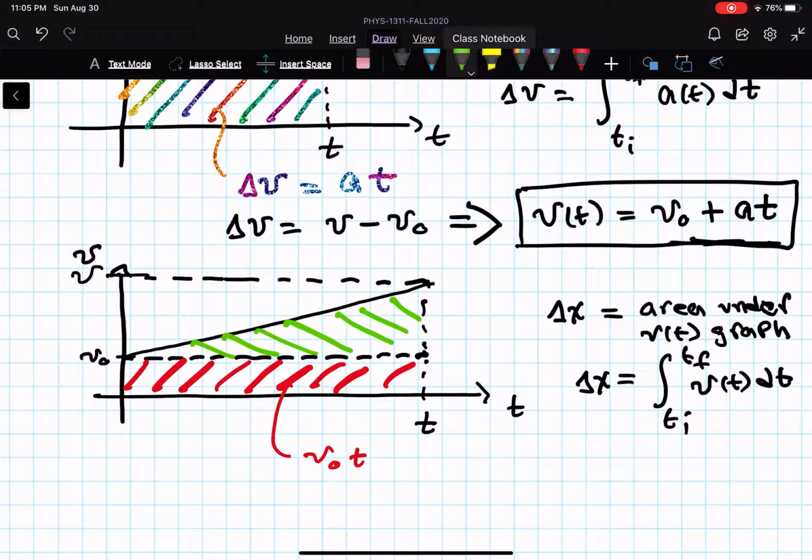This area here is the area of a triangle. It's 1/2 base times height. Right? So 1/2. My base is just t, and my height is the change in the velocity, but I can figure out what that is since I know the slope. Remember, the slope of this line is equal to the acceleration a, okay?